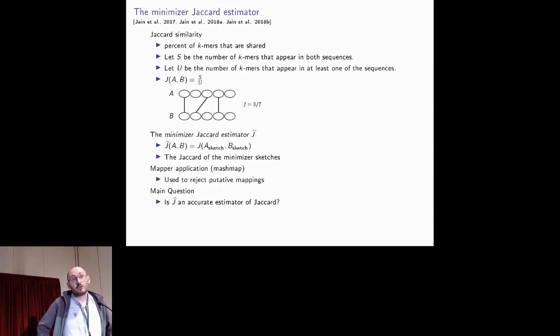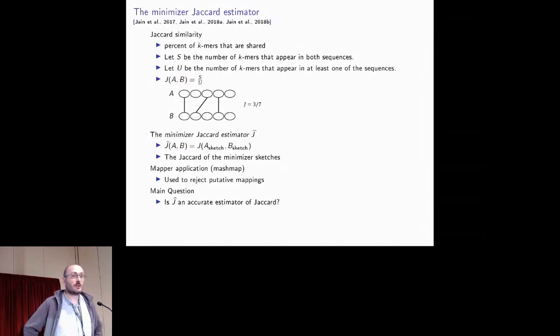What you do is you just take your minimizer sketch, compute the Jaccard similarity of the minimizer sketches, and use that as an estimator for the Jaccard between the full set of k-mers. This is called the minimizer Jaccard estimator, or sometimes the WinNode Jaccard estimator, and we denote it here with J hat.